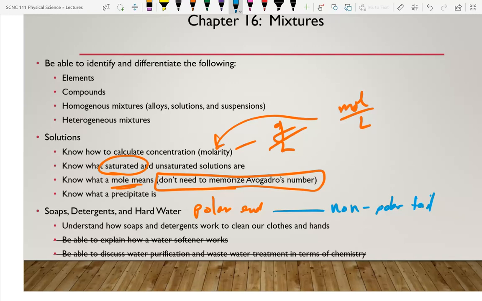And so the polar end is attracted to water. The nonpolar end will form very weak induced dipole forces with grime. And so those really weak induced dipole forces make the detergent hold on to grime. The polar ends make it hold on to water, and then the water will wash it away, pull it out. So that's how detergent is cleaning your clothes or cleaning your hands.